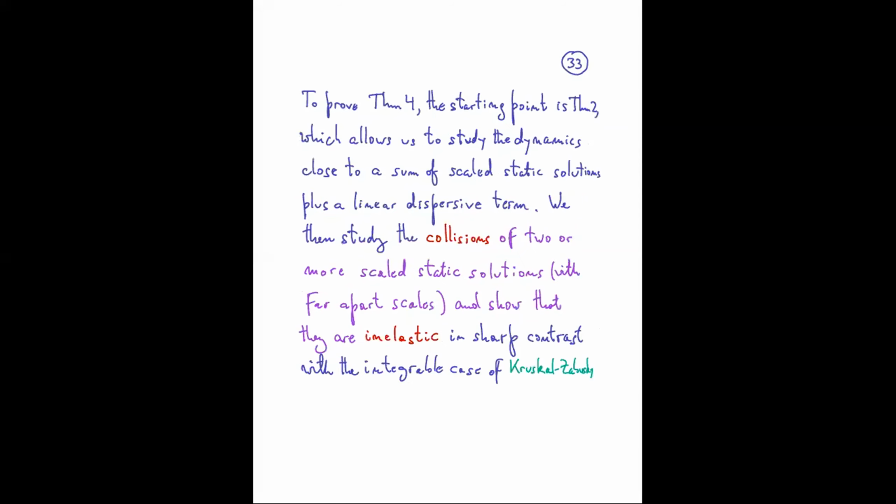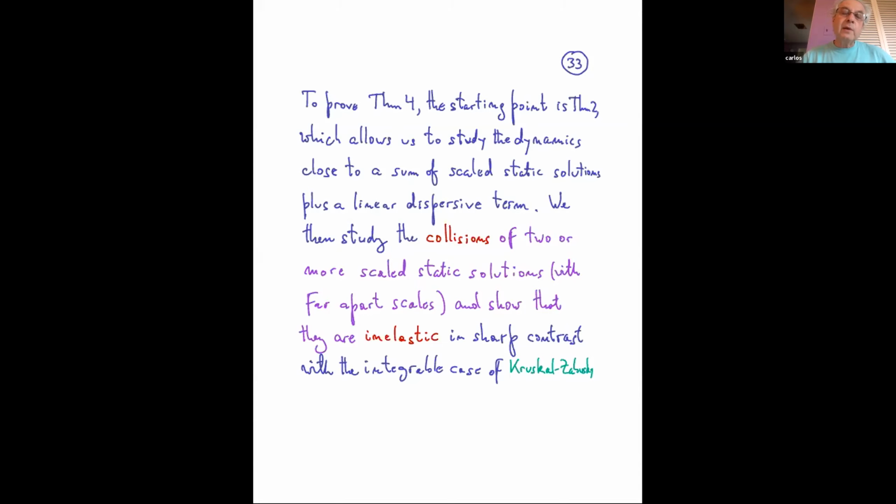Okay, thank you. So the proof of theorem 4, this last theorem, has as its starting point the fact that you can prove it for well-chosen sequences of times. This fact allows you to start the dynamics when you're close to a sum of scaled static solutions plus a linear dispersive term, because you go along the well-chosen sequences of times.